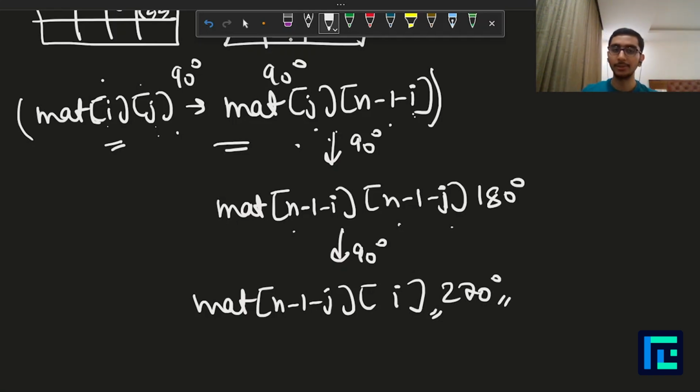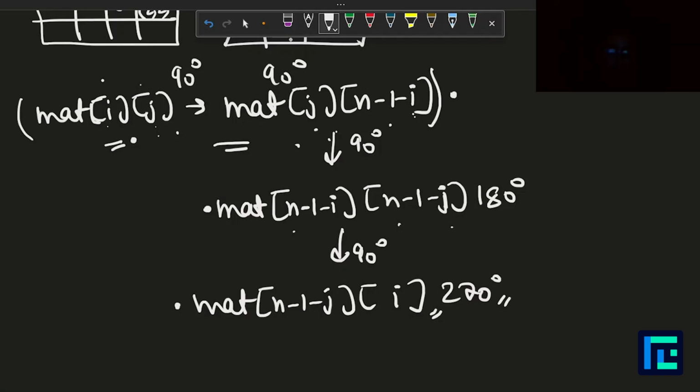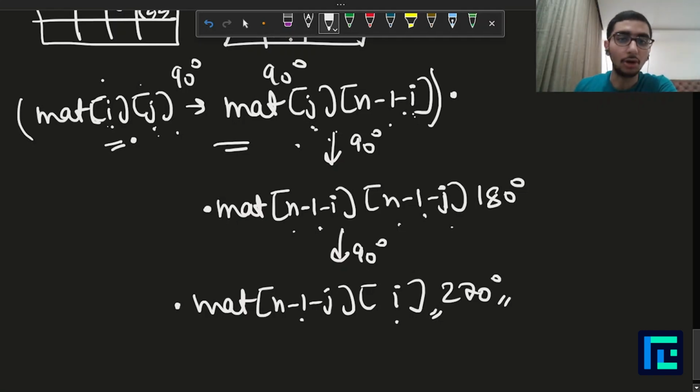So essentially our problem reduces to this. All these indices will contain the same value, because we are rotating the matrix. So if the matrix has to remain the same, we need to follow one major thing: i comma j, j comma n minus 1 minus i, n minus 1 minus i and n minus 1 minus j, and n minus 1 minus j and i, all of these four cells have to have the same value, right?